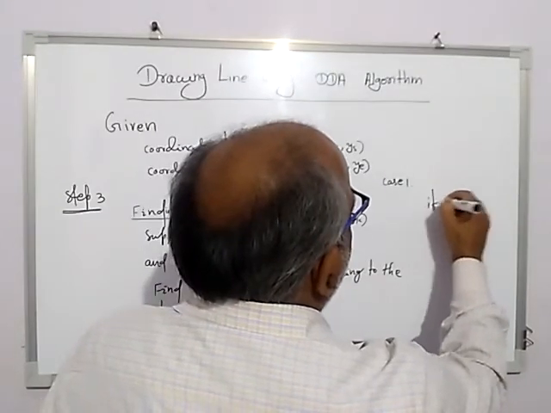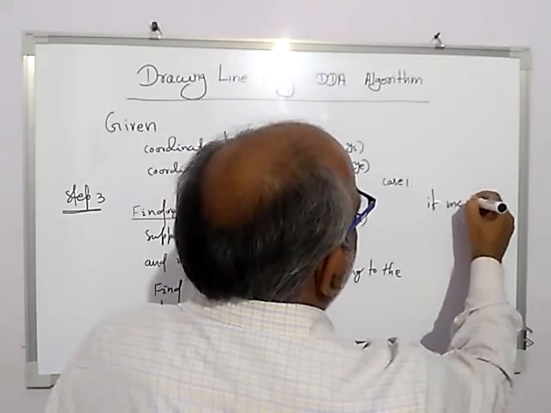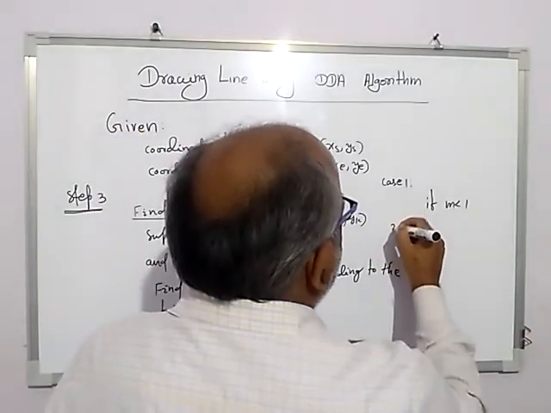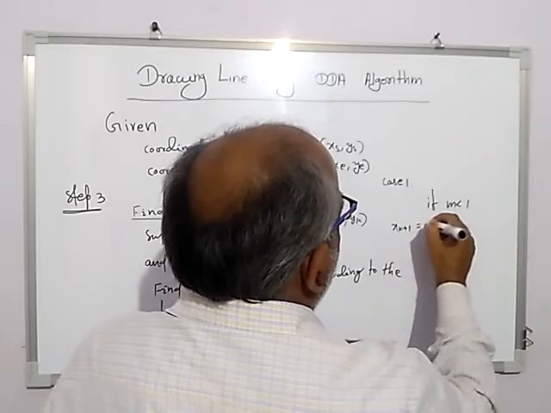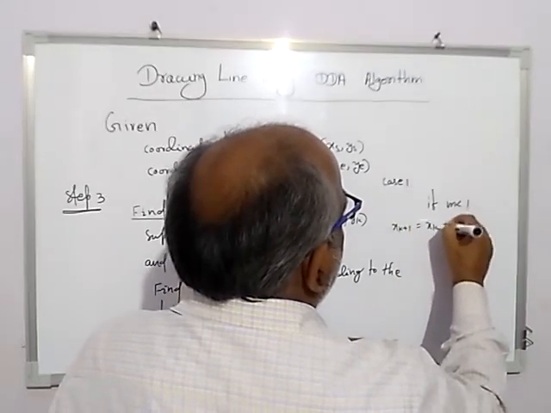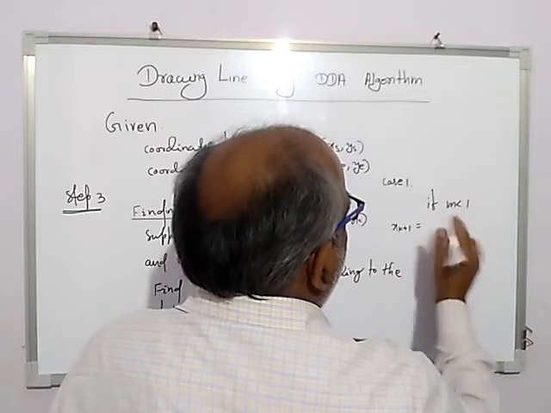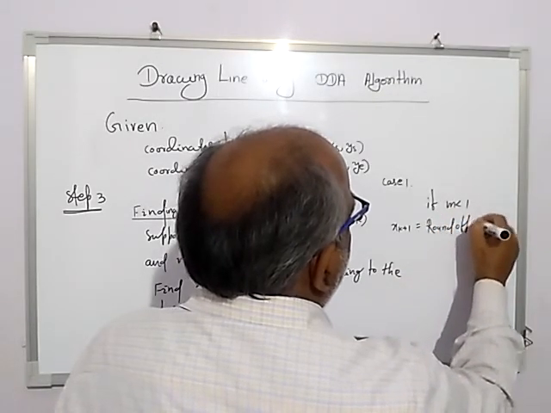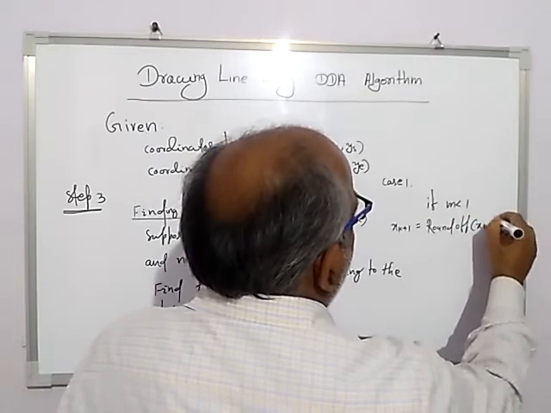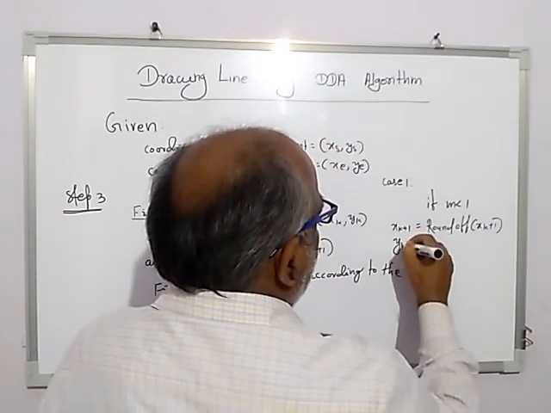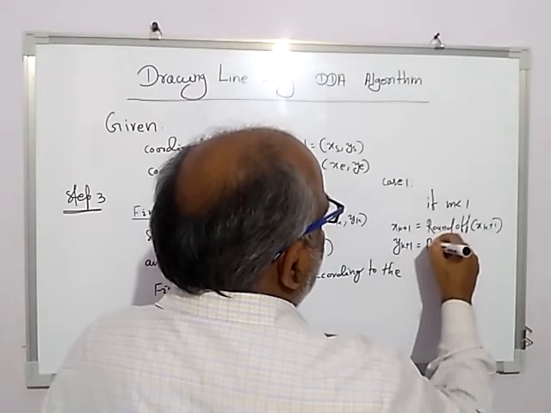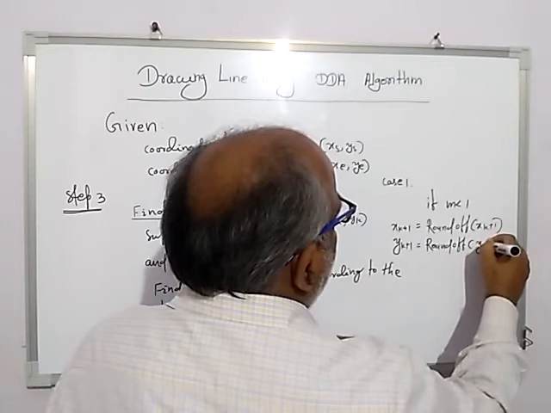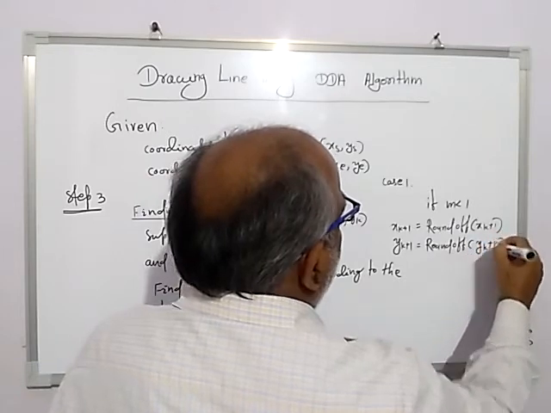If m is less than 1, that means if the slope is less than 1, then xk plus 1 equals round of xk plus 1, and yk plus 1 equals round of yk plus m.